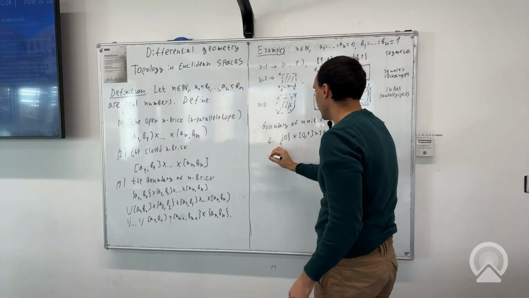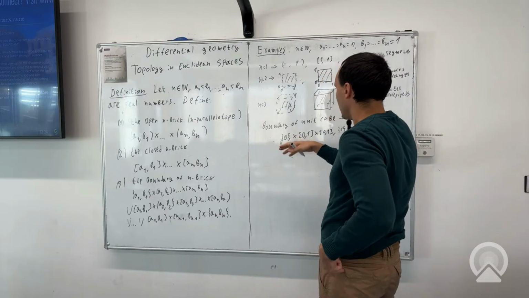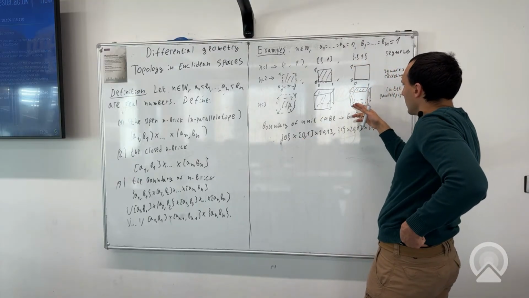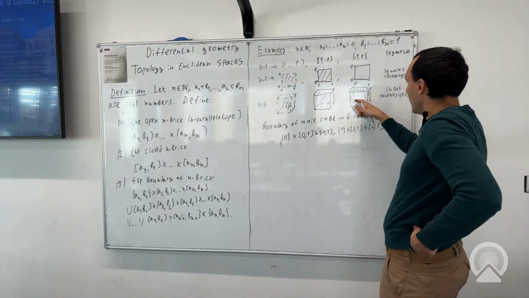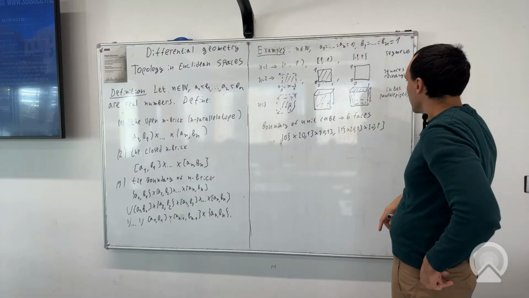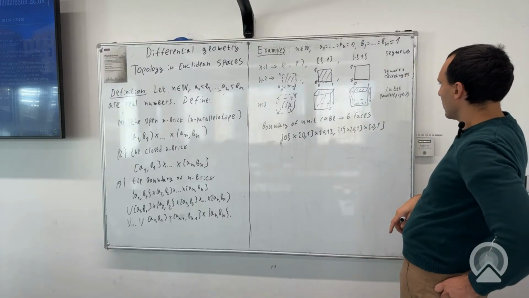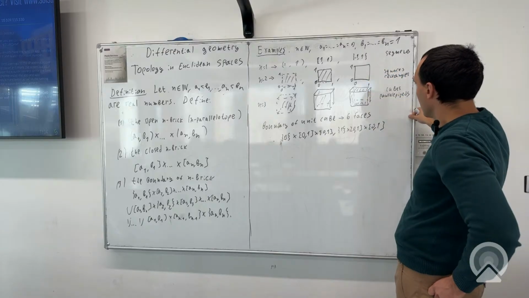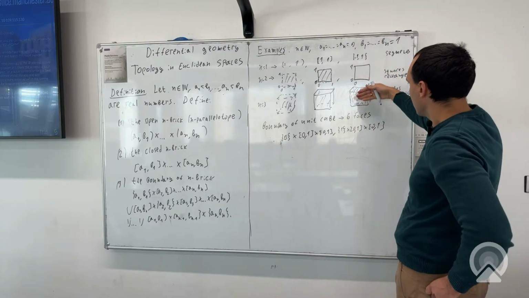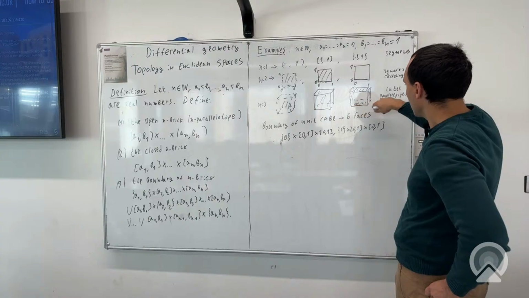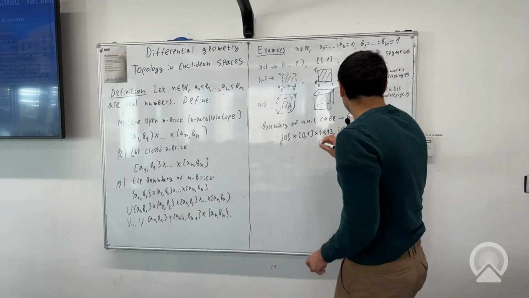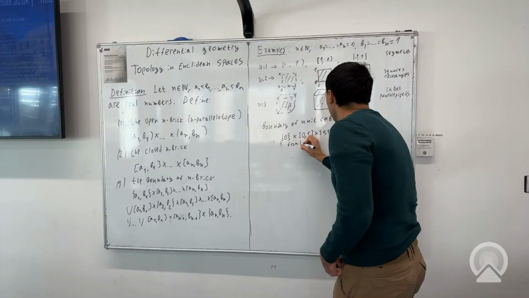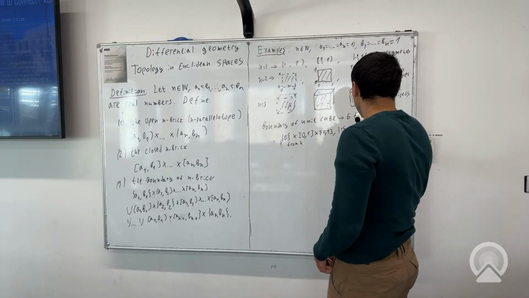So what are these? These are x equals 0. So here is x. Front and back. So this is y. This is front, and this is back.